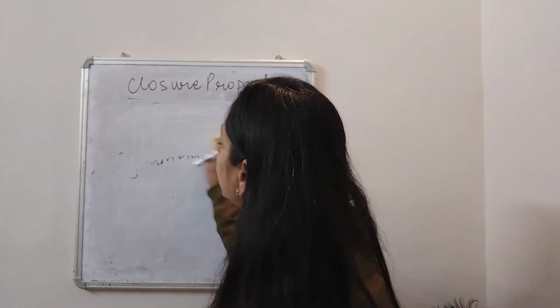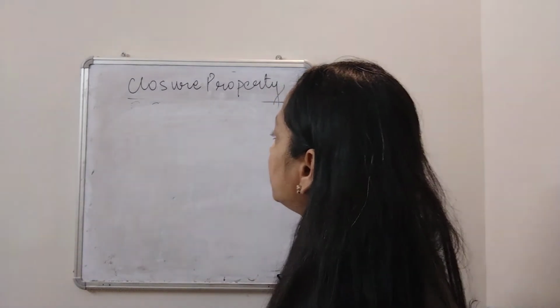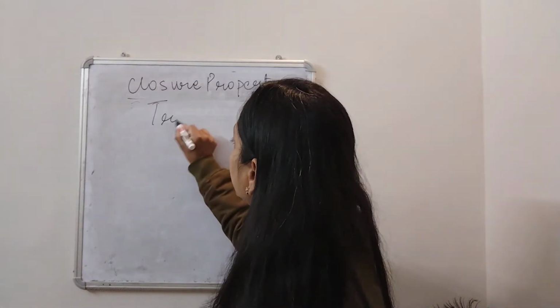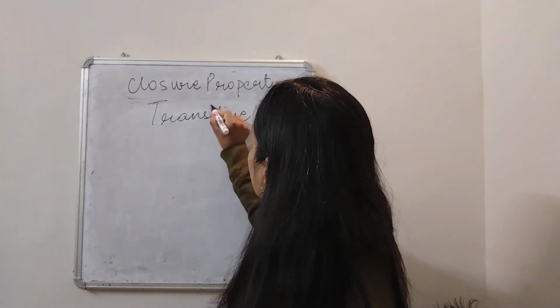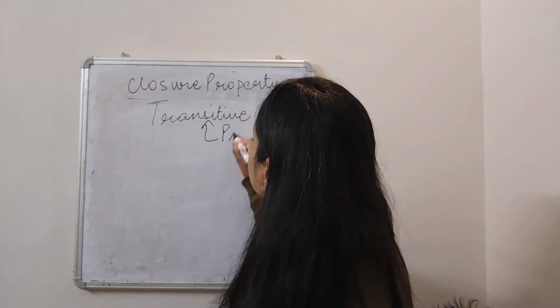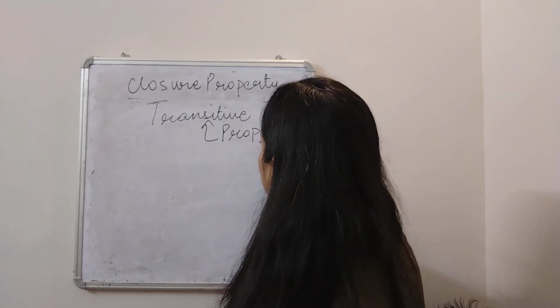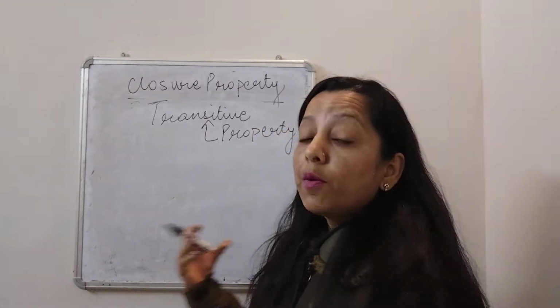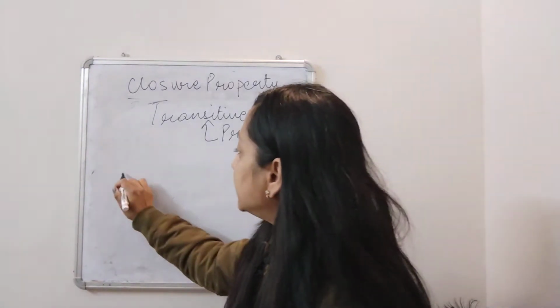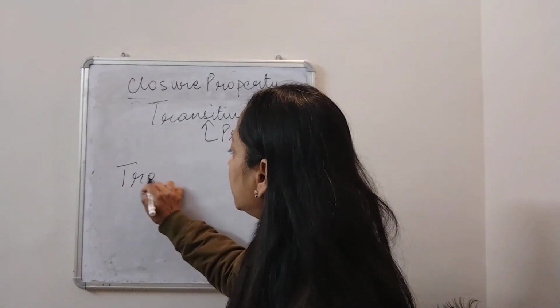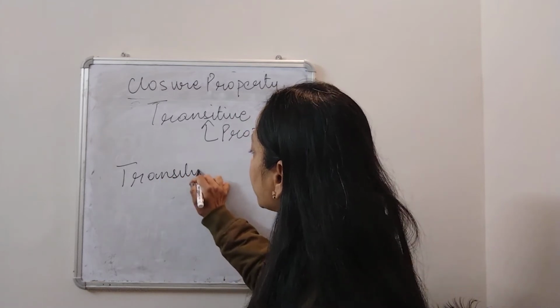Like these two, if the relationship is transitive, that means this is the property of the relationship set, that it is transitive. Hence instead of P here we will write transitive.